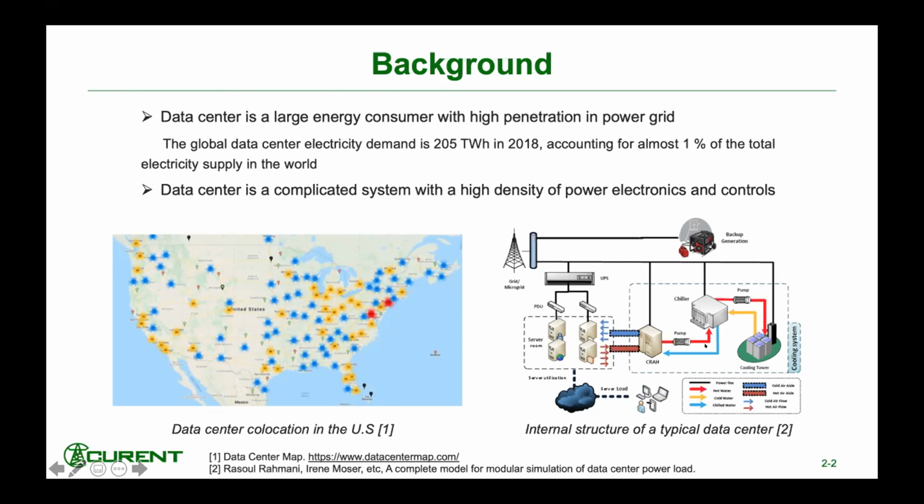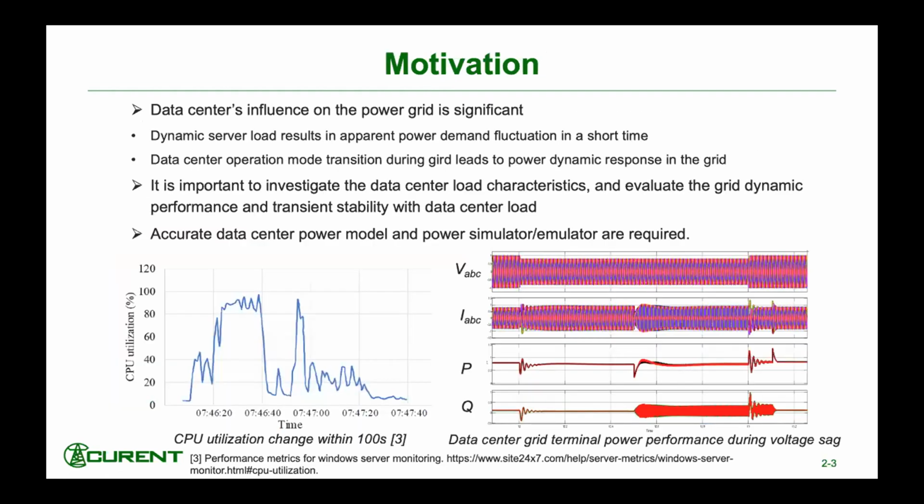To ensure the whole system operates in a normal condition, the control strategy is also complex. So the whole data center also performs nonlinearly as an electric load. Therefore, the influence of the data center on the power grid is significant.